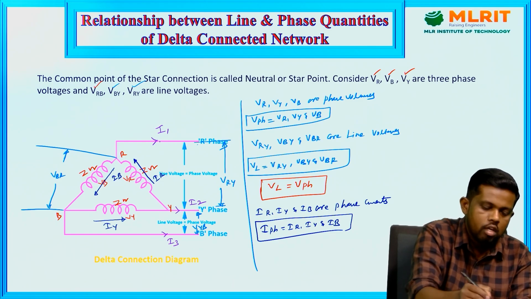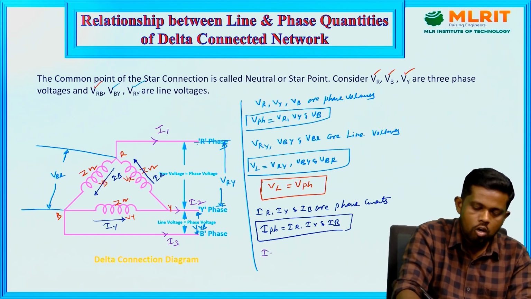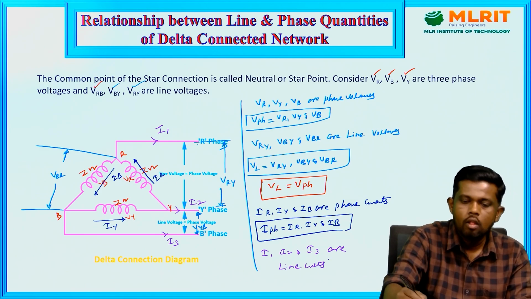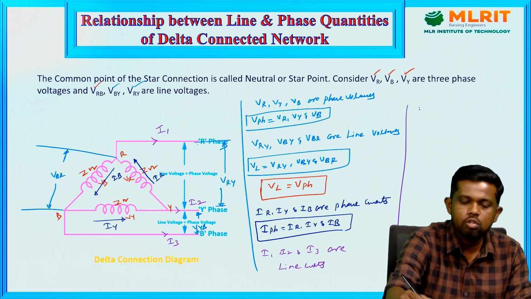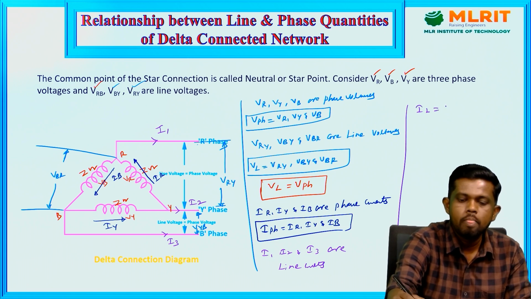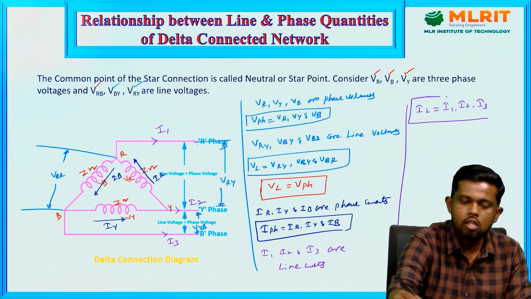So these are three different lines. That's why I1, I2, and I3 are the line currents. So we say IL equal to I1, I2, I3.